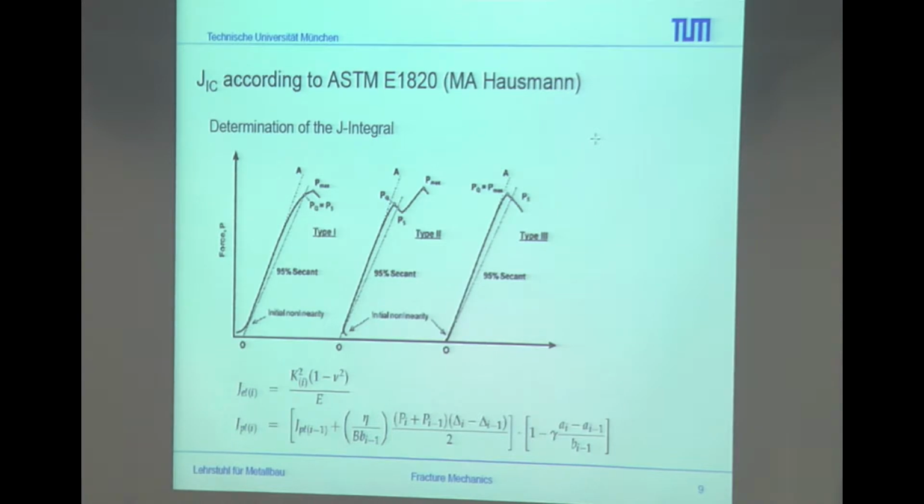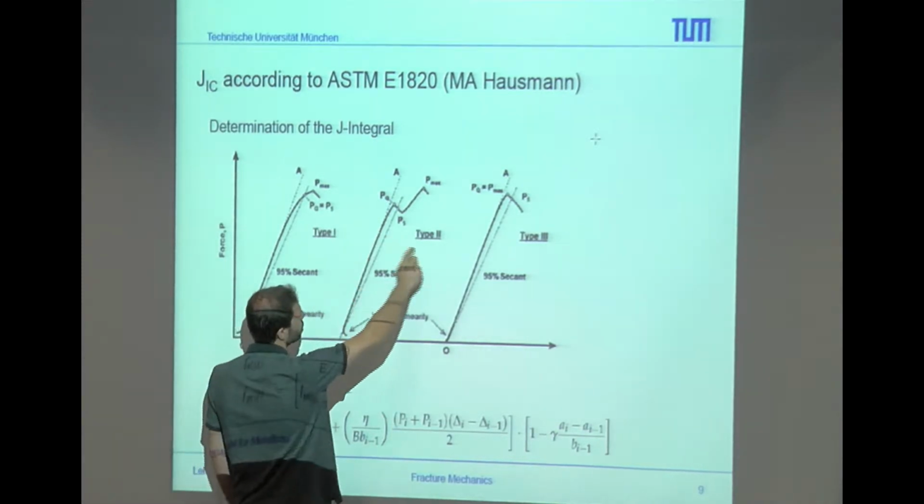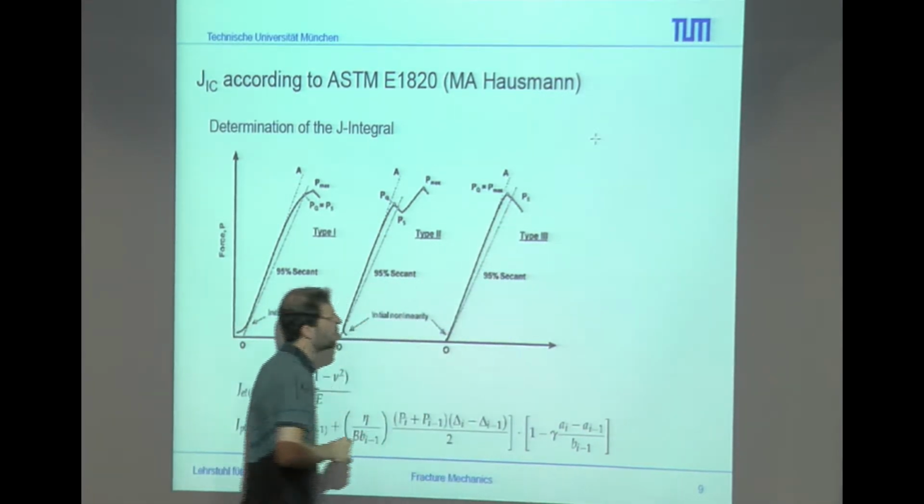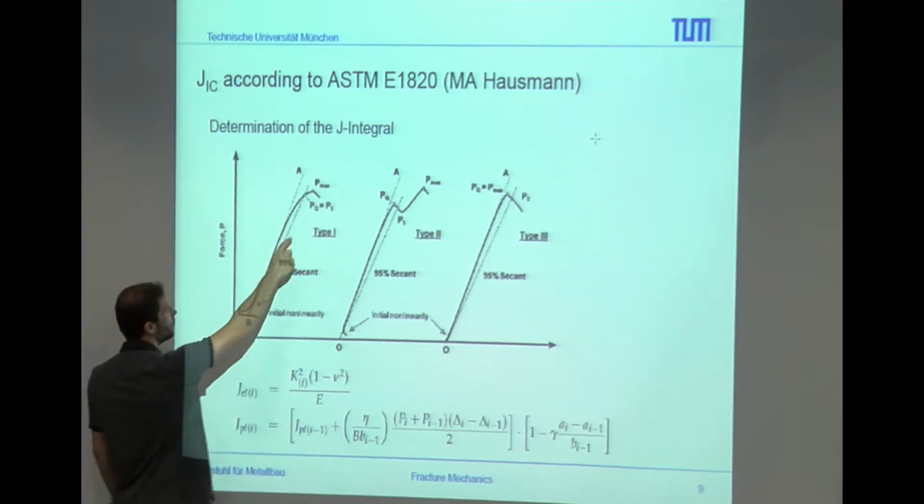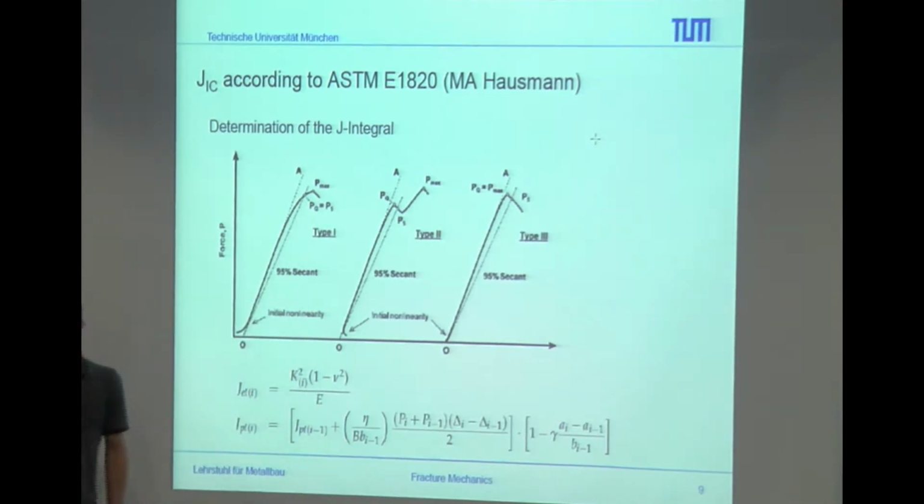For example, as you have here, PQ, and also here, PQ. But for example, at this point, your PQ is before Pmax, and so this is also the point which you have to evaluate.